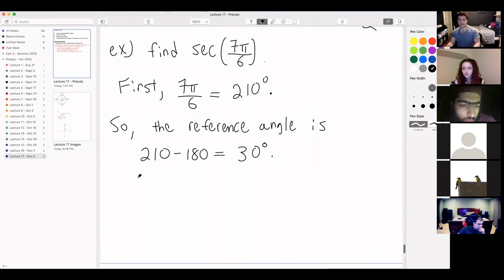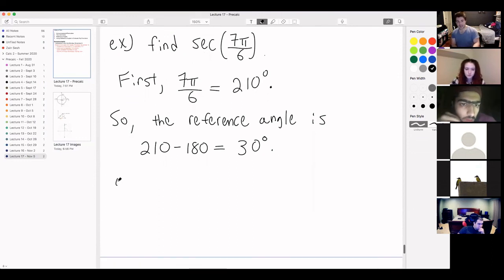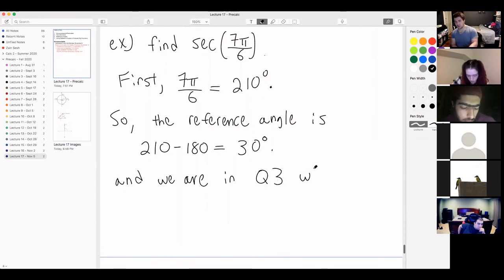Very good. And so now what quadrant are we in? 210 degrees is in quadrant 3, okay? And in quadrant 3, tangent is positive. Tangent is positive.